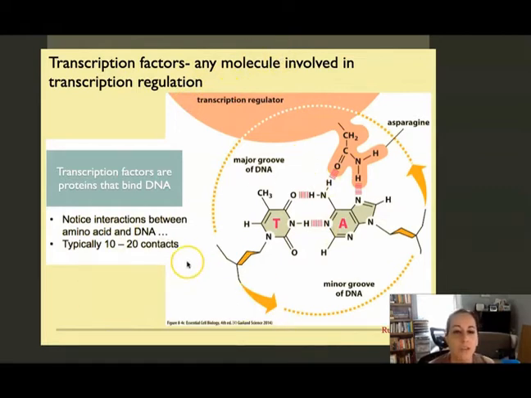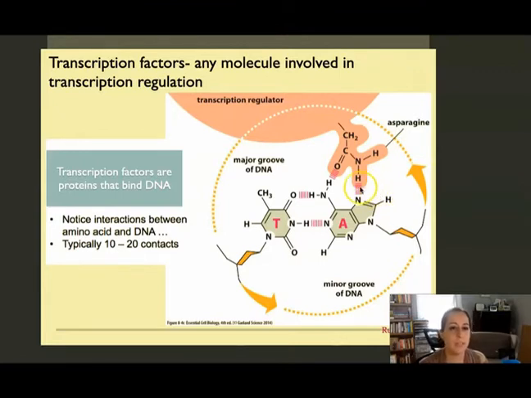As it says here, there are often around 10 to 20 contacts or 10 to 20 different types of interactions, whether that be hydrogen bonding, ionic bonding, van der Waals effects, those types of things. Those all will make up those 10 to 20 contacts with different amino acids and different base pairs between the protein and the DNA. And in this way, the transcription factor is going to somehow affect whether or not that section of DNA is going to be expressed.